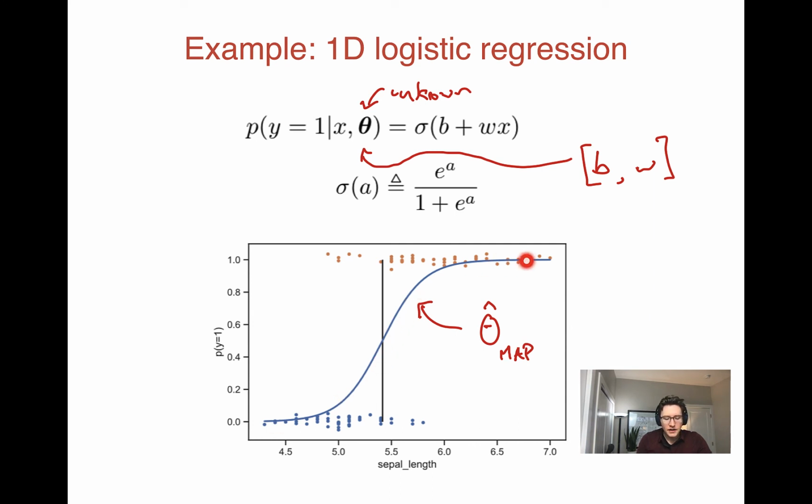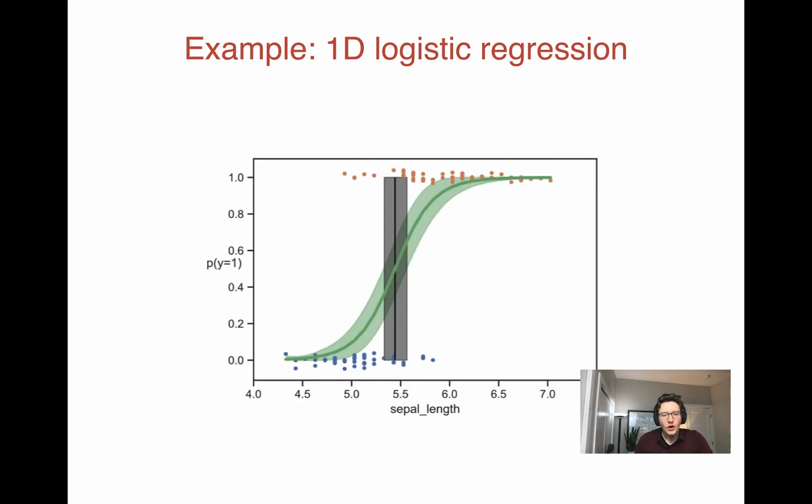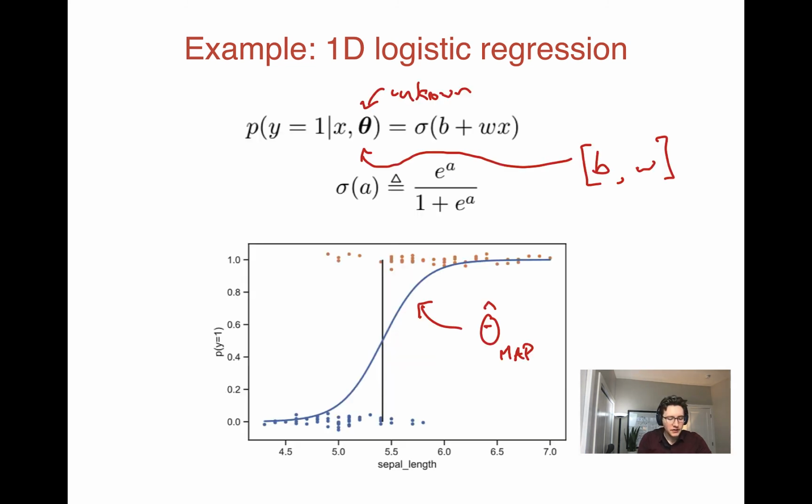This thing here is the S shape of the logistic function. And this black line here is the distribution where the function crosses 0.5. So the advantage of taking this kind of Bayesian approach is that we can also understand the uncertainty in the parameters themselves.